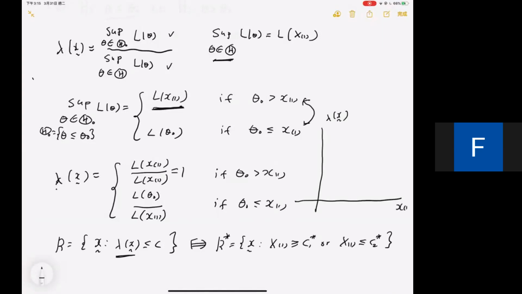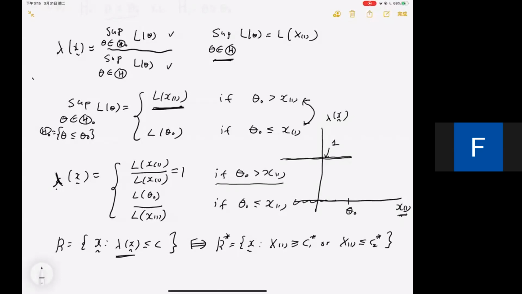So this is x1. So the whole function lambda x as a function of x1 is what? If x1 is smaller than theta 0, it's 1 right here. If x1 smaller than theta 0, lambda x is 1.